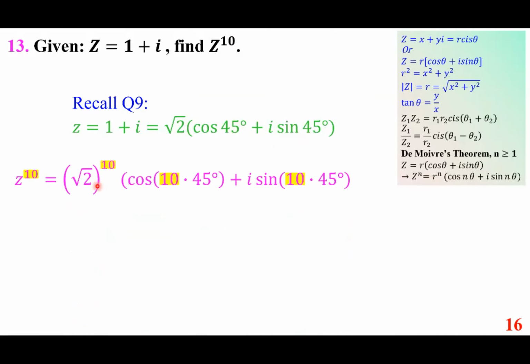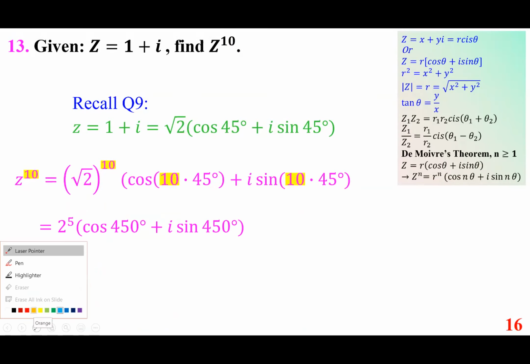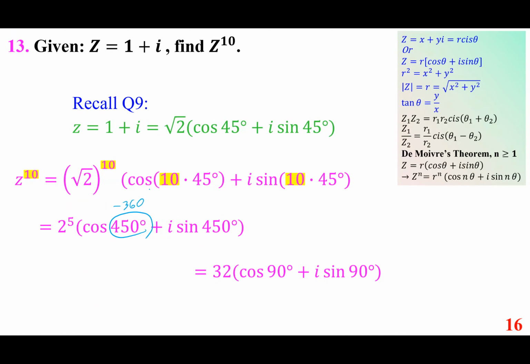So z to the power of 10, we're going to raise this to the power of 10, and we're going to multiply 45 by 10. And this one is the same as 2 to the power of 5, and those 450 degrees. 450 degrees is larger than 360. So I'm going to subtract 360, and it gives me the same angle, 90 degrees.